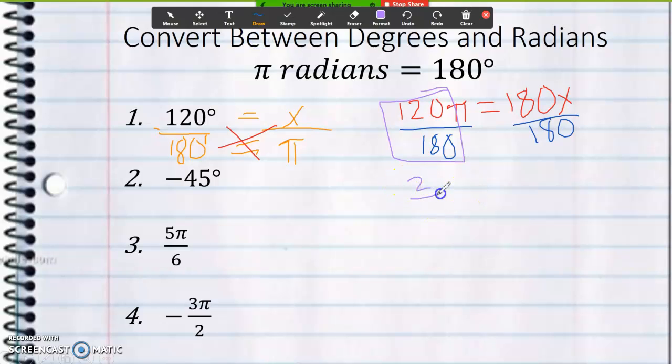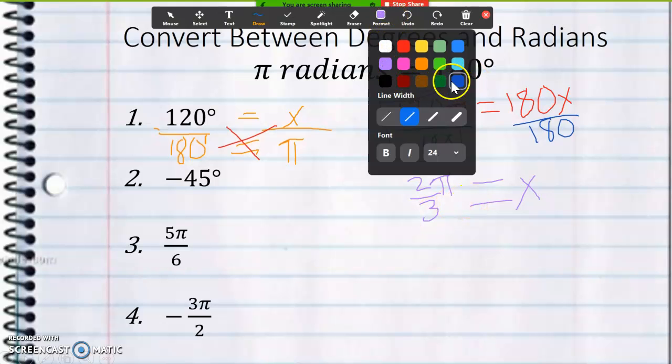So 120 divided by 180 is 2/3, and then I still have this pi on top. So it's just going to be 2/3 pi, or 2 pi divided by 3 equals x. So 120 degrees is equivalent to 2 pi over 3, or 2/3 pi.